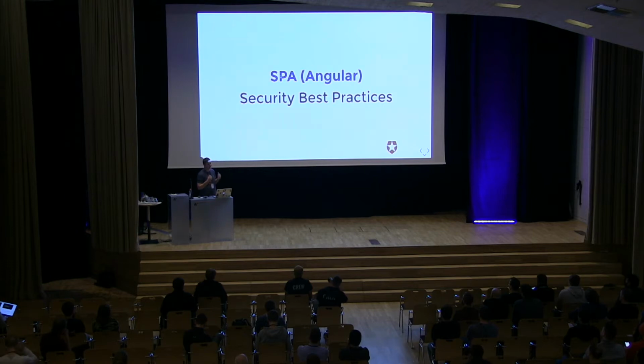So this talk really is about SPA and Angular in specific security best practices. When we think about Angular applications, they live entirely in the browser. They're entirely public. So we really can't have secure data in the browser, because anything we put there, a malicious user is going to be able to look into.